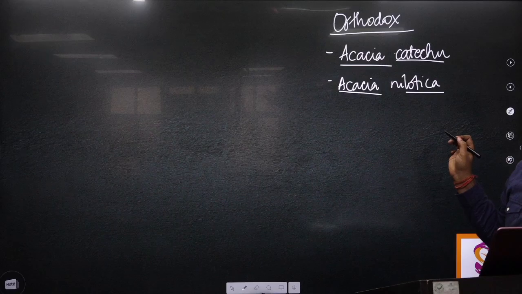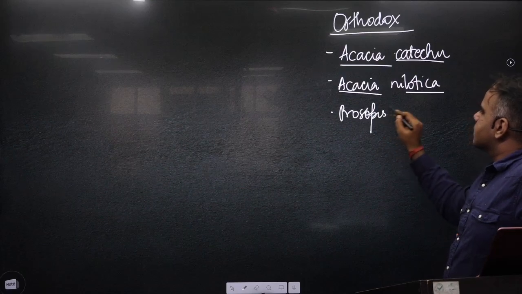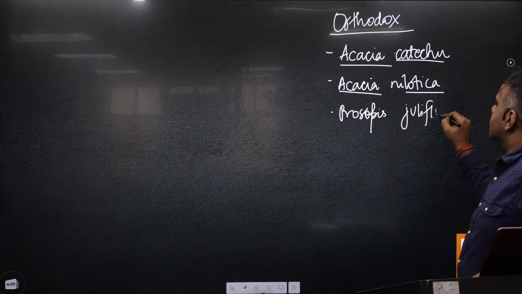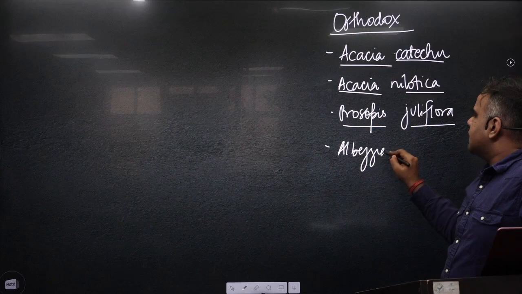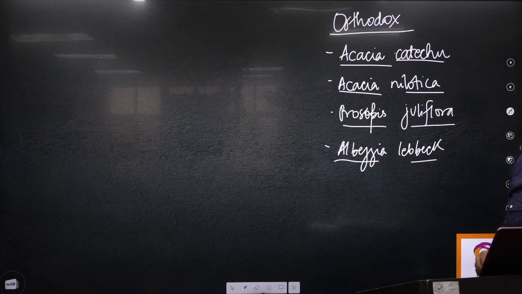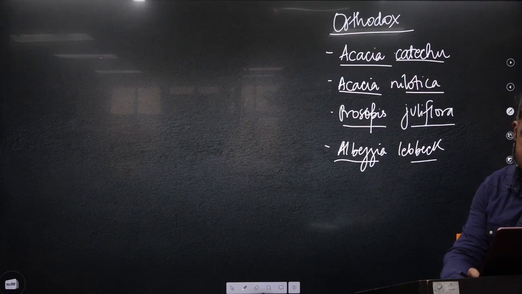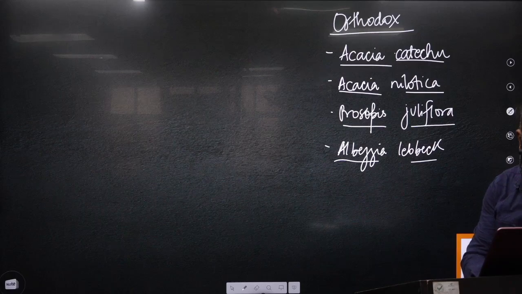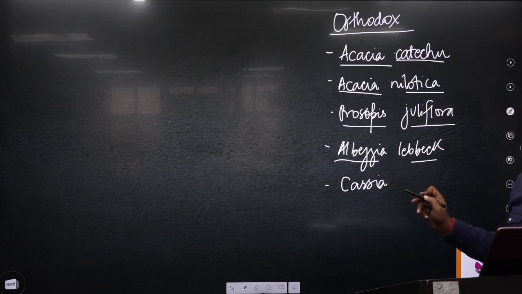We can talk about Prosopis juliflora, Albizia lebbeck, and we can even mention a couple of other species as well, for example the Cassia species, that is known as Cassia.